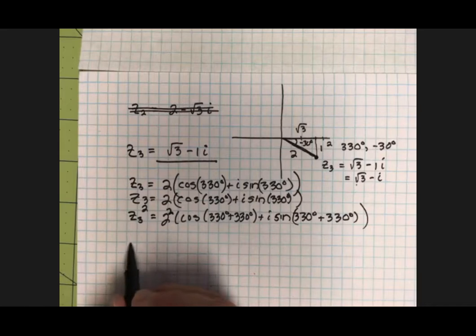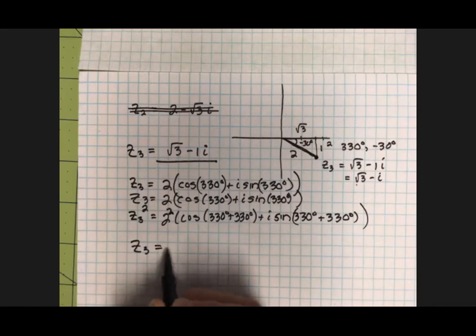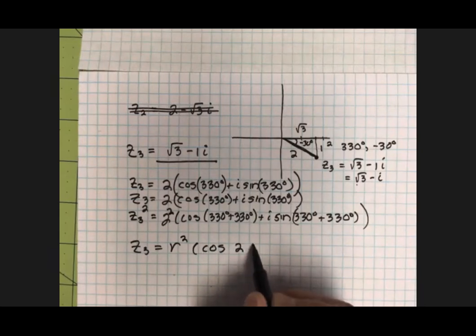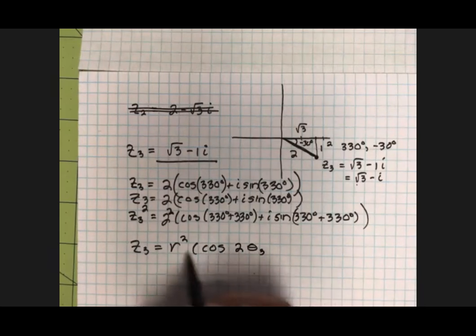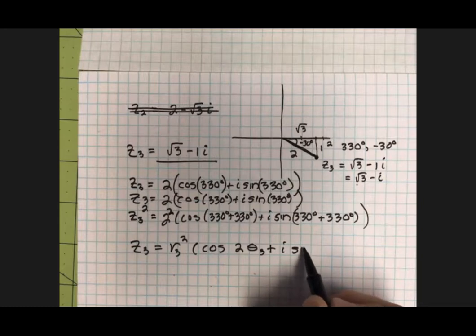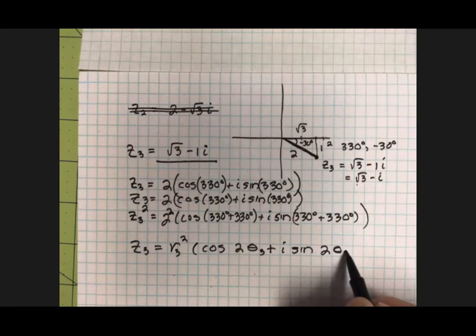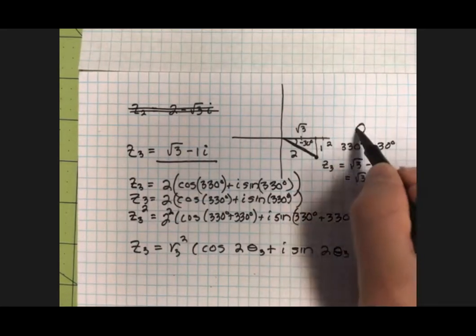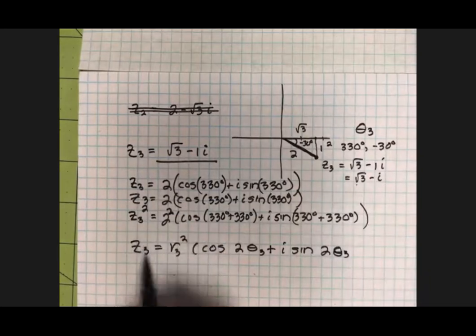And literally take r squared and do the cosine of 2 times theta 3 plus I sine 2 times theta 3. Let's let theta 3 be the angle, 330 or minus 30. Just stick with Z3.